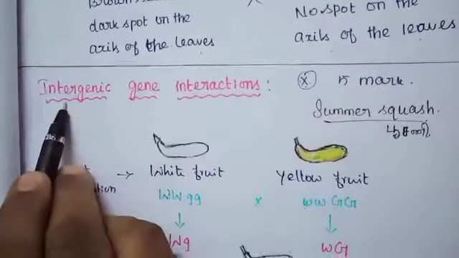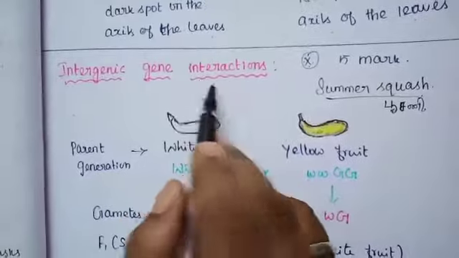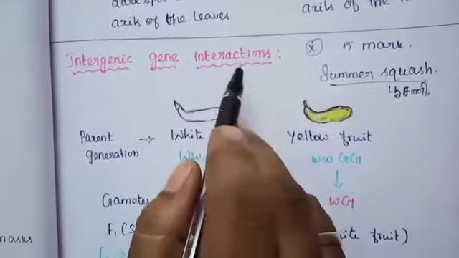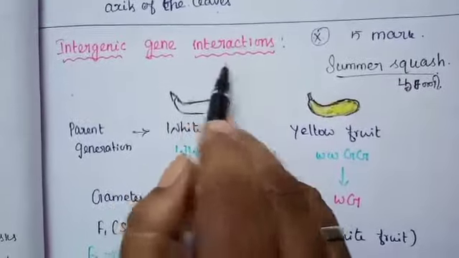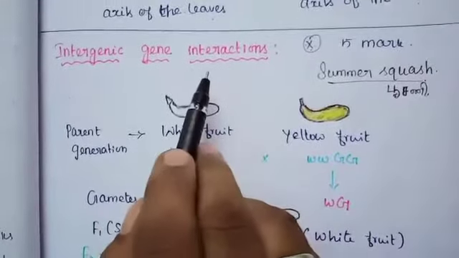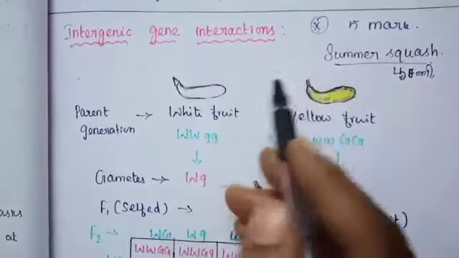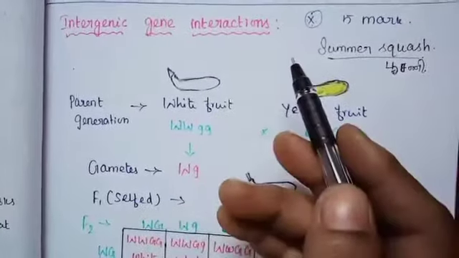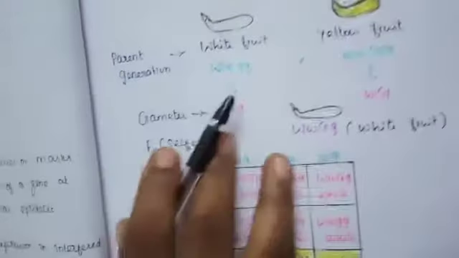Next, intergenic gene interaction, also called interlocus interaction. Interlocus interaction takes place between the alleles at different loci, between the alleles of different genes. It includes dominant epistasis.